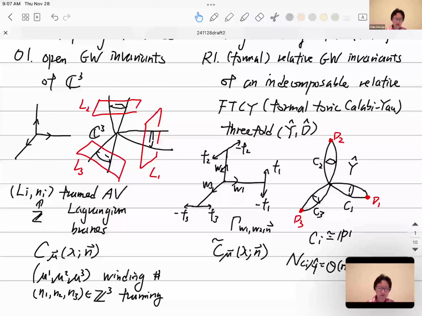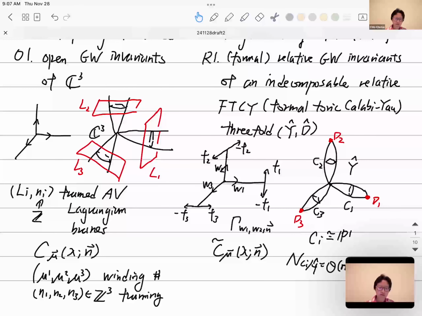So we call them Li-Ni framed Aganagic-Vafa Lagrangian branes. These Ni's are integers, and mu is a triple of partitions. Mu^i corresponds to the winding numbers associated to the i-th Lagrangian.